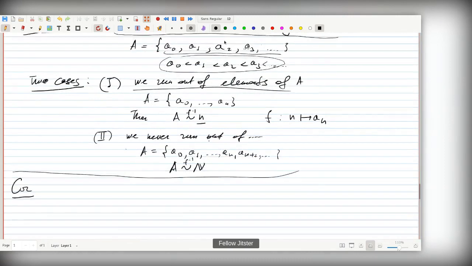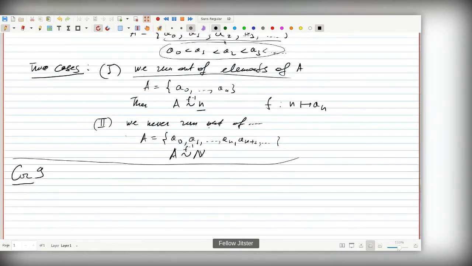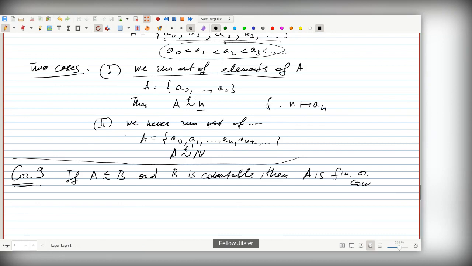And as a corollary, we may obtain the following statement. If A is embeddable into B and B is countable, then A is either finite or countable itself.